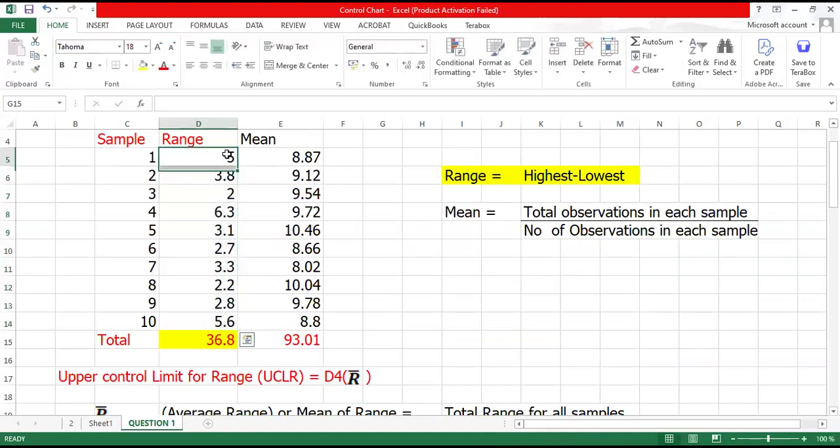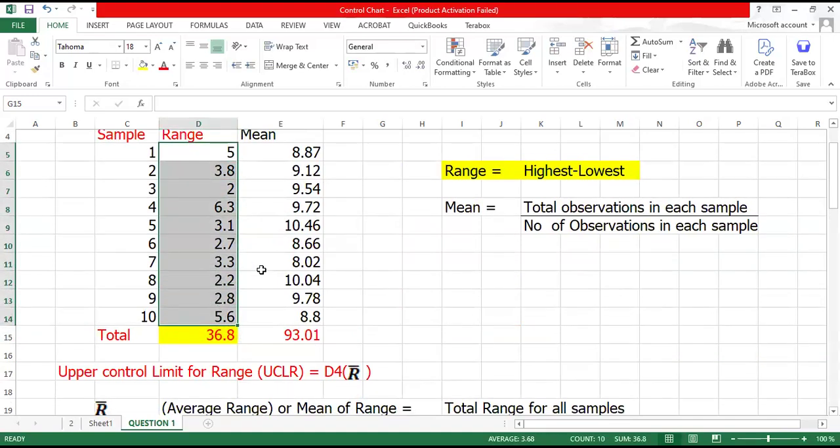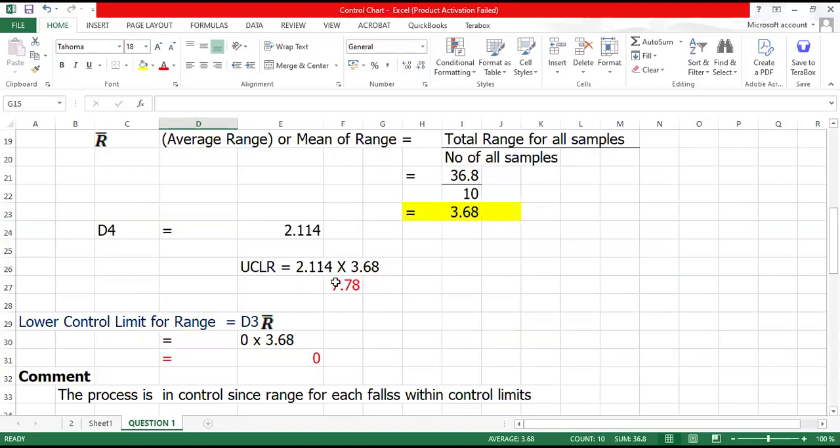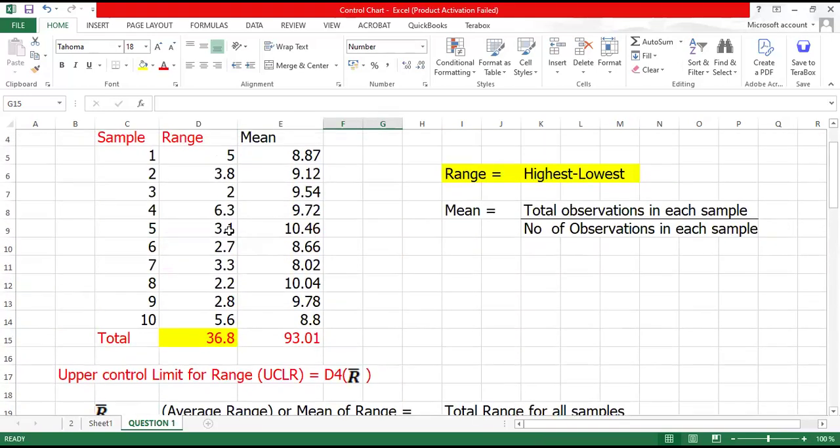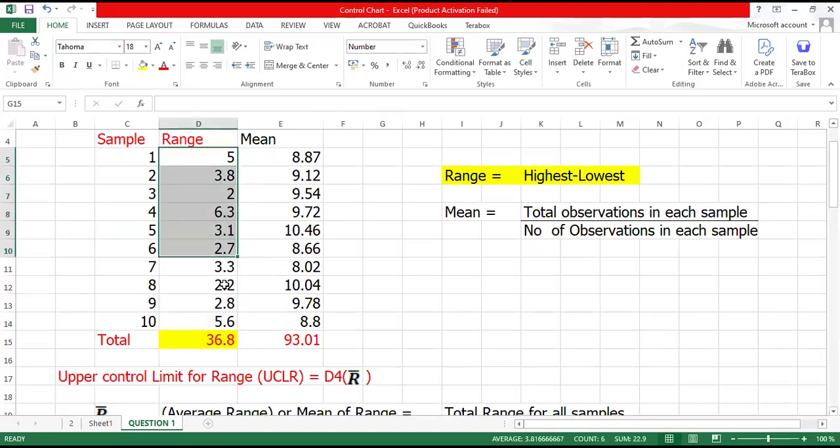You ask yourself, do you have a range figure that is above the upper control limit? Remember, the upper control limit is 7.78. Do you have a figure that is above 7.78? No.